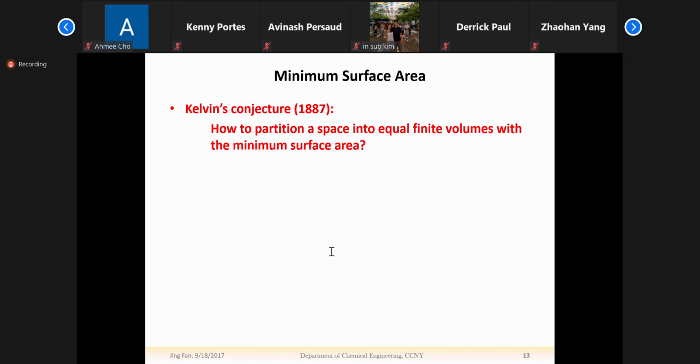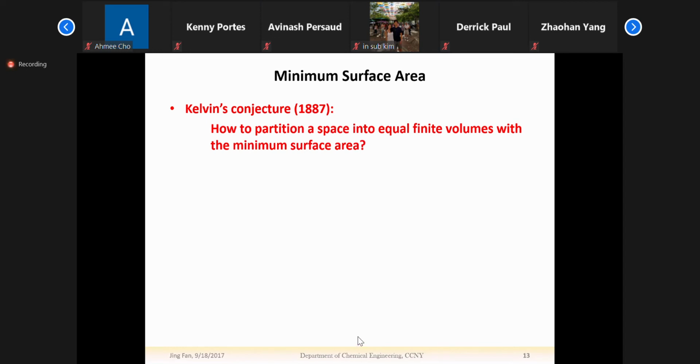We have the temperature unit Kelvin. This is the same Kelvin. So he is a genius that has a lot of achievements in physics and mathematics. So he came up with this question: how to partition a space into equal finite volumes with the minimum surface area.